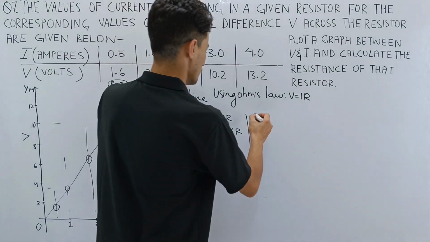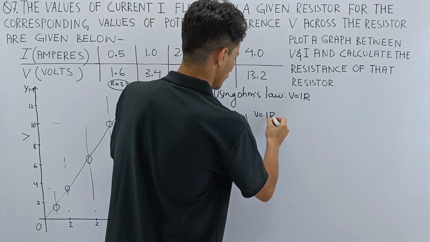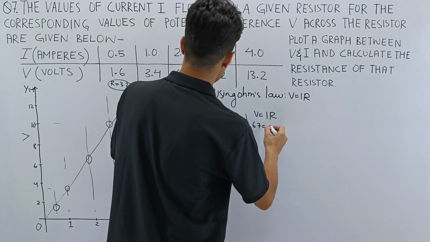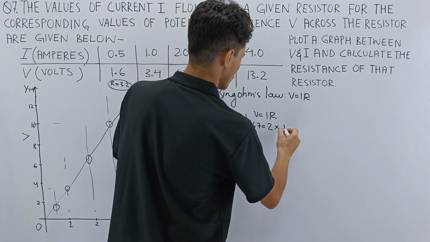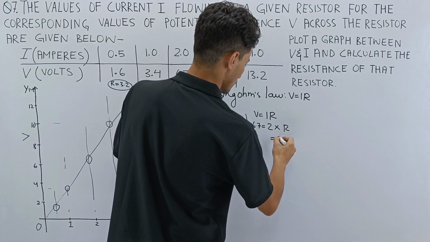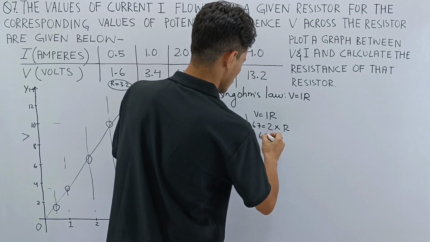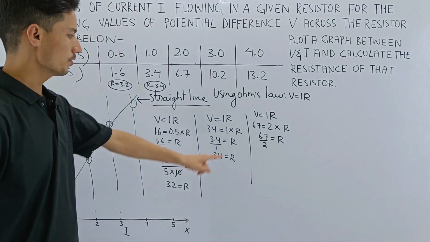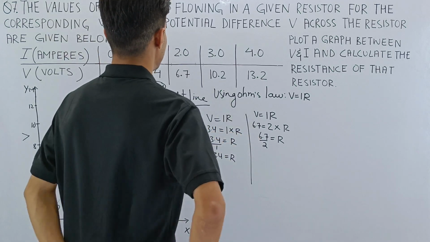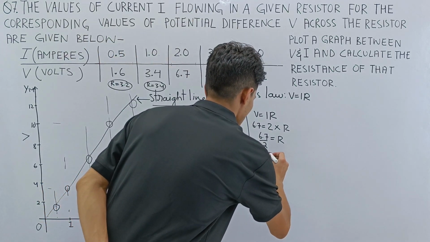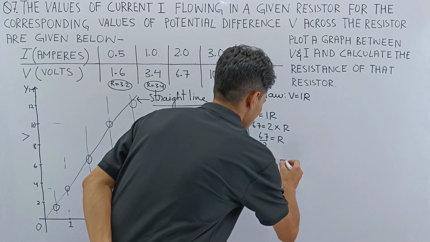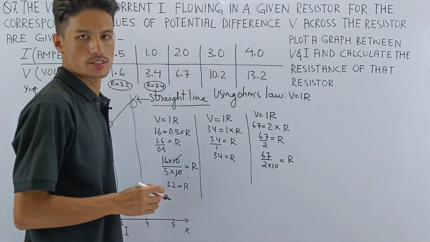Now these values. So V is equal to IR. V is 6.7. Current value is 2. 2.0 means 2. Keep R where it is. 6.7 divided by 2. Now we'll remove the decimal of 6.7, which will give me 67, and below you'll get 2 into 10, which is 20.